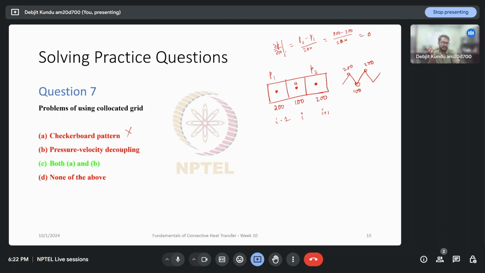And a related problem is this pressure velocity decoupling, where the pressure and velocity do not talk to each other. So that is another reason why staggered grids are used, because they couple the pressure and velocities in a more natural way. So both A and B are problems with using a collocated grid. As a result, option C, both A and B, would be the correct answer.